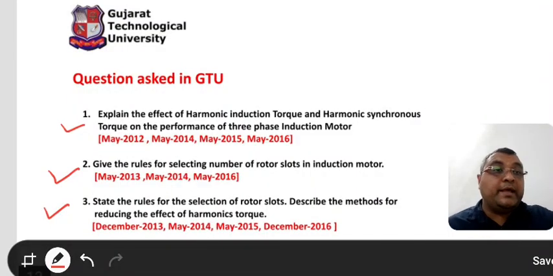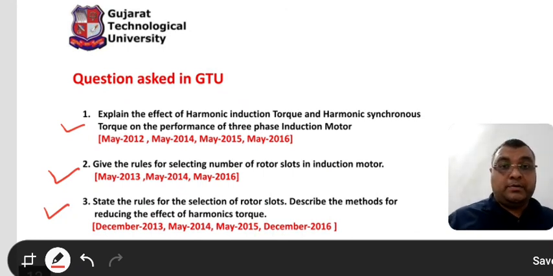You can also see the pattern of these questions. In the first question, it is asked about the effect of harmonic induction torque and harmonic synchronous torque on the performance of a three-phase induction motor. So in that you have to discuss what exactly the effect of the harmonics is on the three-phase induction motor.